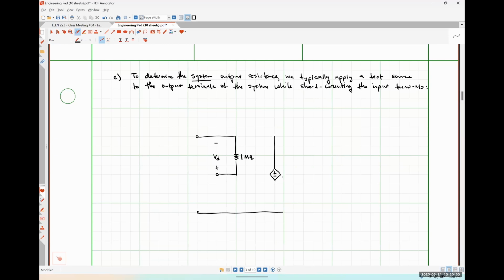AVOL times VD, so 10 to the 5 VD. Here's my 25 ohms of output resistance. Here is my load resistor.